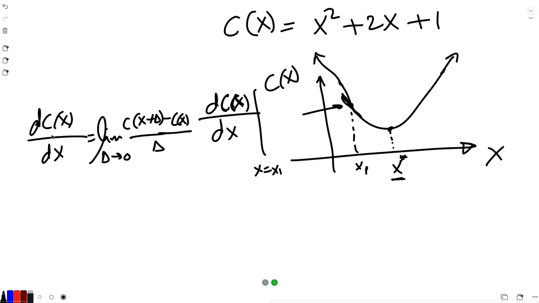If we talk at x equal to x1, you can simply put x1 here. If you take the point x1 and add a little delta, you get x1 plus delta, then subtract this point from this point, divided by the difference delta, this gives you the rate of change at this point.